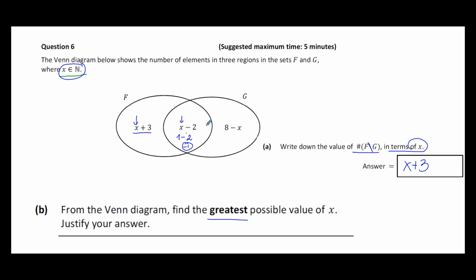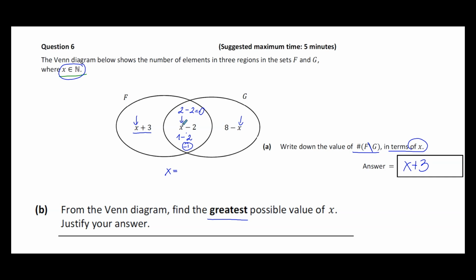Okay, so we know that here X cannot be less than what? 2, because 2 minus 2 will give me 0. Now, what about here? 8 minus 1, 8 minus 5, 8 minus 10. That's where I'm having an issue, isn't it? Because here, the greatest value of X can be any.